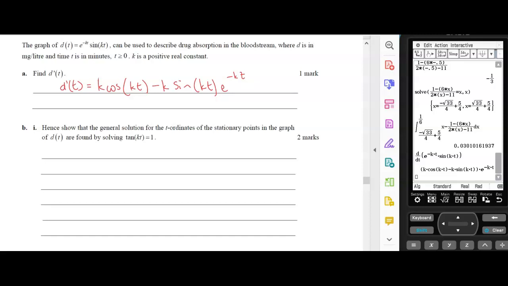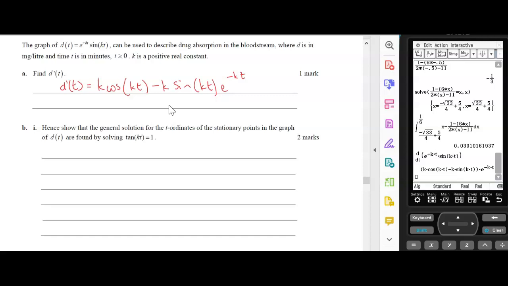All right, so part B, hence show that the general solution for the t-ordinates of the stationary points in the graph of d(t) are found by solving tan kt equals 1. All right, so I need to use, hence show the general solution.